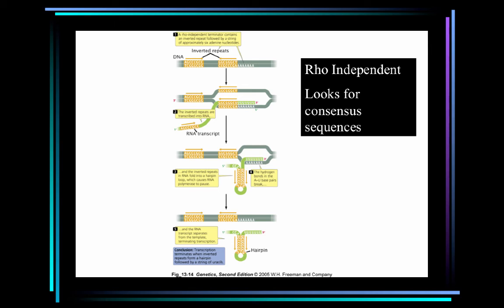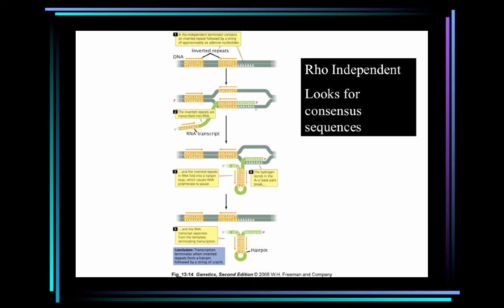But for your information, rho-independent really looks for a specific consensus sequence. So it's looking for a sequence of nucleotides that are in a repeated order. So it might be something like we see up here, where we have A's, A, G, C, C, C, C, C, C. So we get nucleotides that are going to be repeated in a long chain.